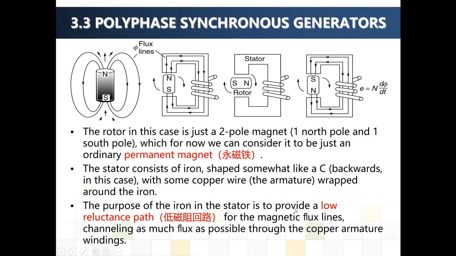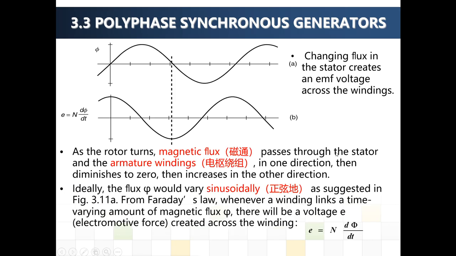The iron in the stator is to provide a low reluctance path, so that we can have as much flux as possible flow across the copper armature windings. As we know, the changing flux in the stator will create an electromotive force, also called voltage, across the windings.